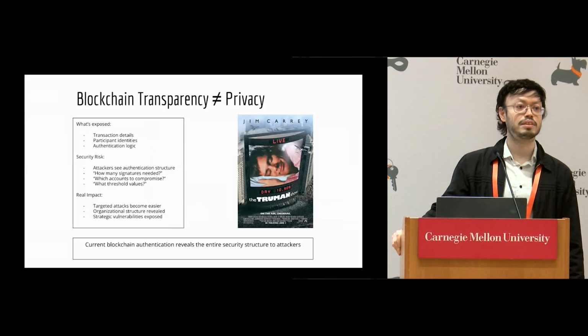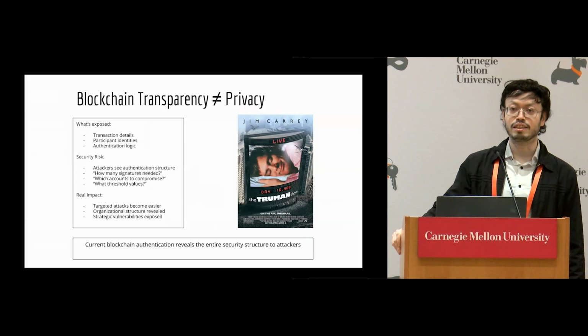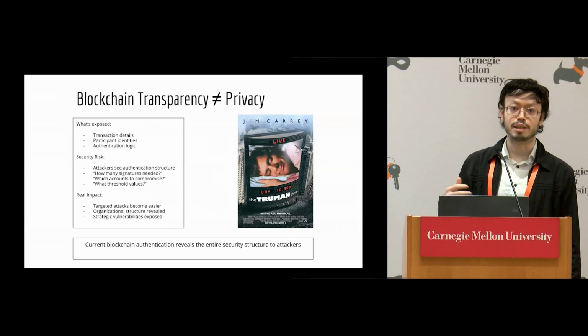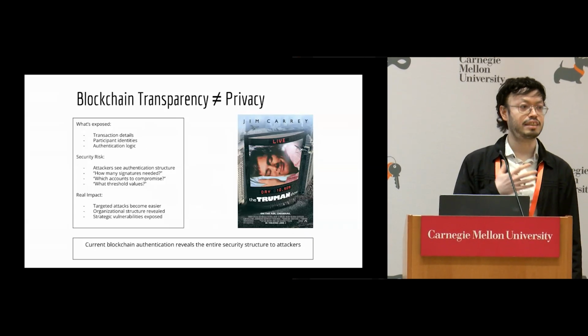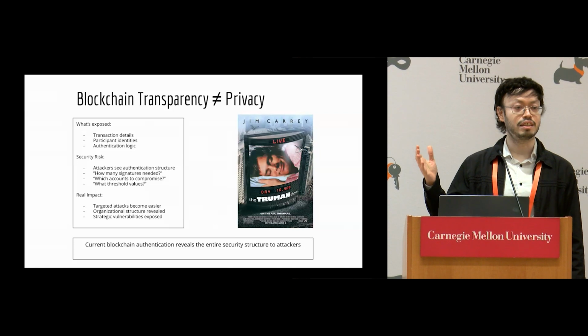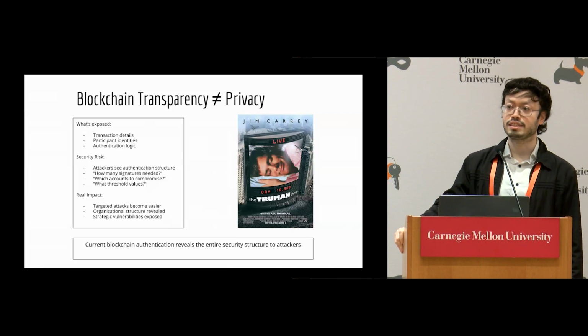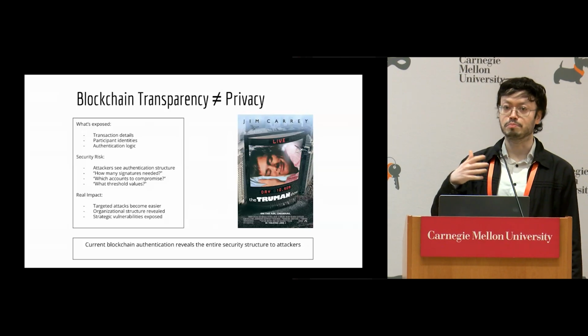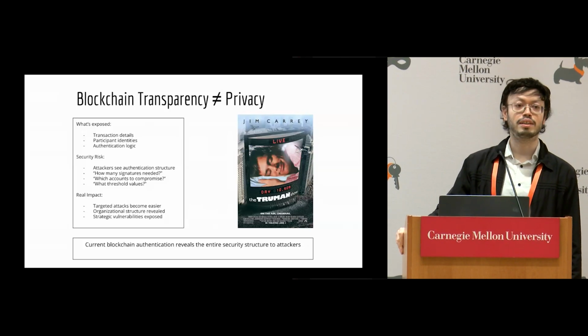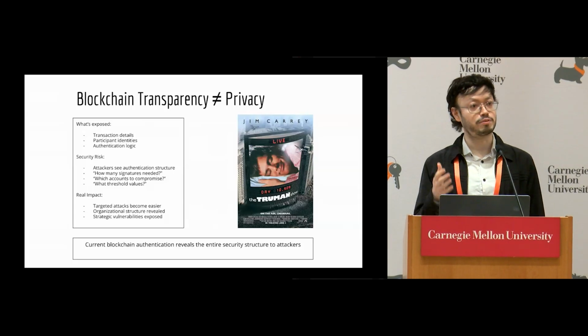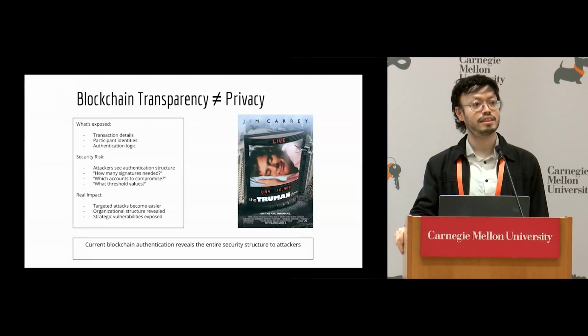So for example, let's say you are interacting with your family and you want to delegate some authentication policy to your cousins, your brothers and sisters, and you want to do some private transactions on the web, where you don't want to disclose what kind of transactions they are, right?